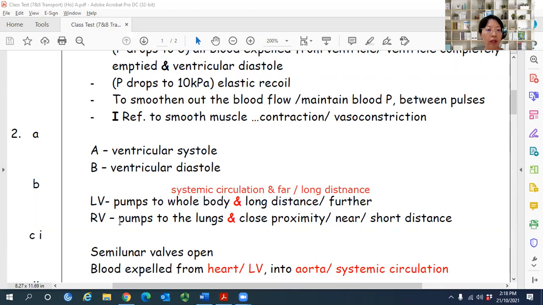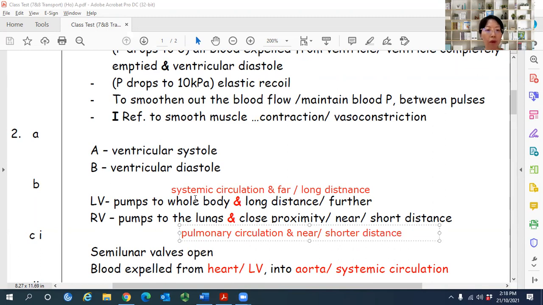For the right ventricle, it pumps the blood to the lung, or you can also write pulmonary circulation. But you also must say that this pulmonary circulation is near to the heart or it's a shorter distance away from the heart. So that's why we need lower pressure.